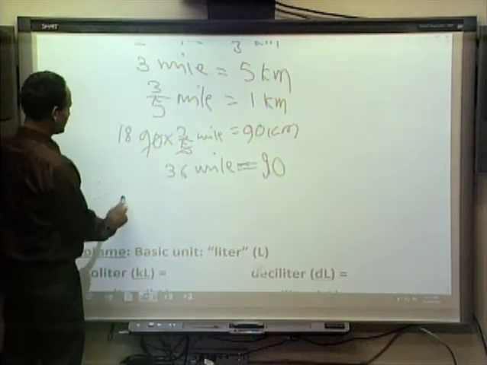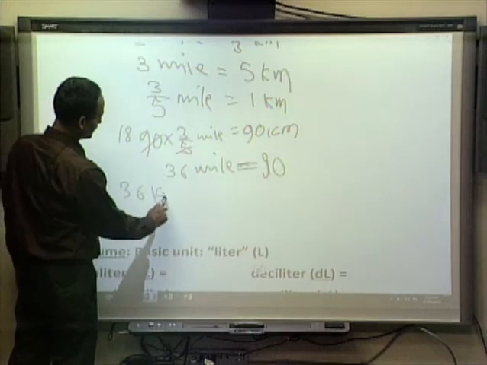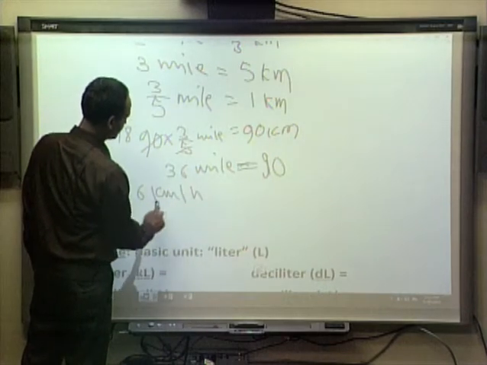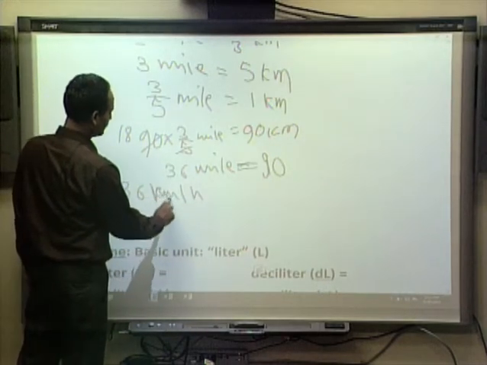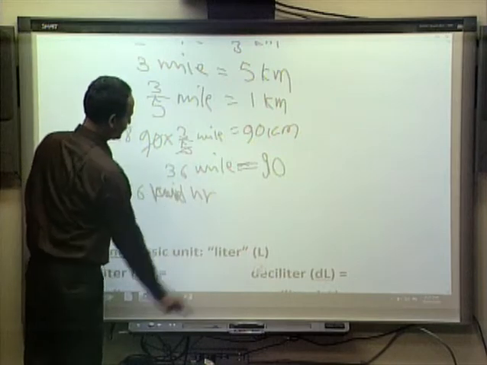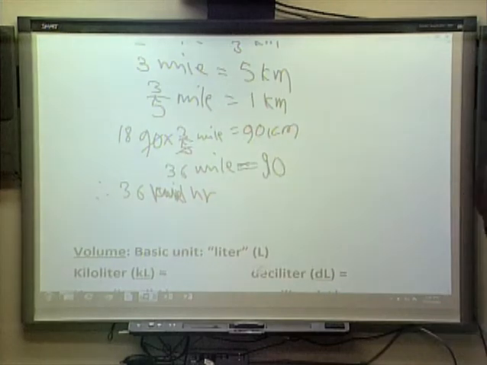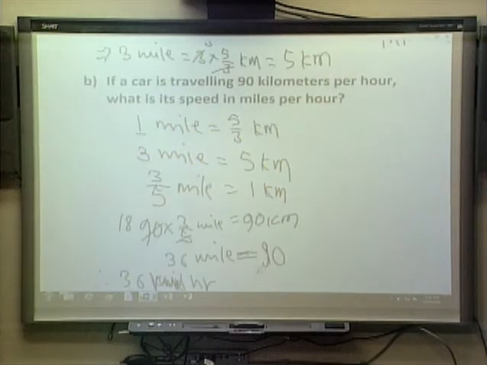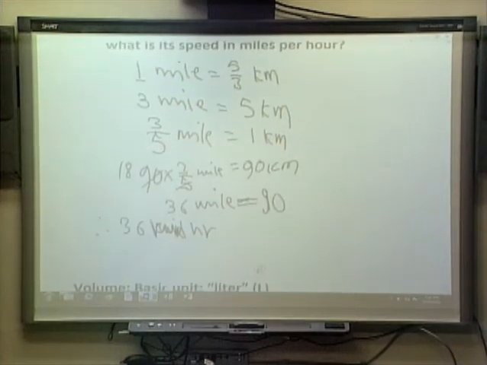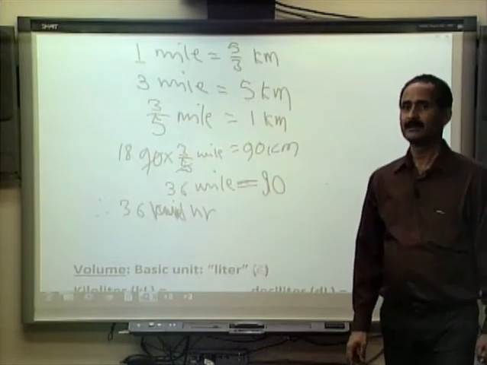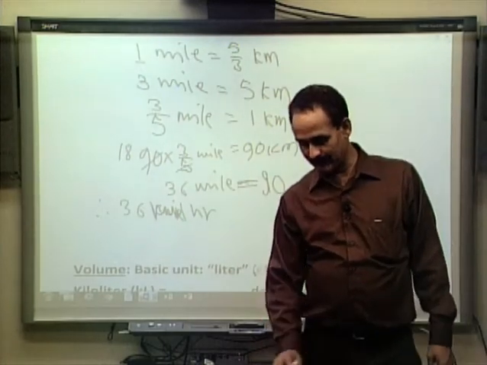Therefore, the car is traveling at 54 mile per hour. So, 90 kilometer per hour means 54 mile per hour.